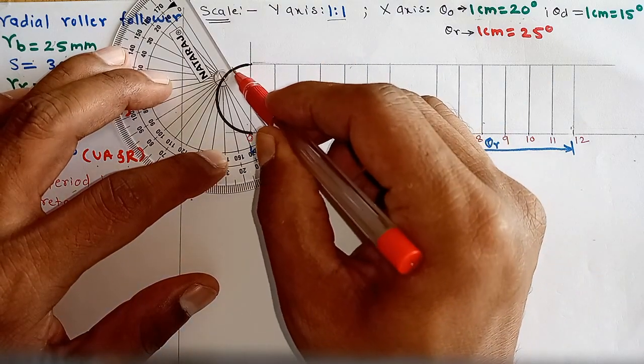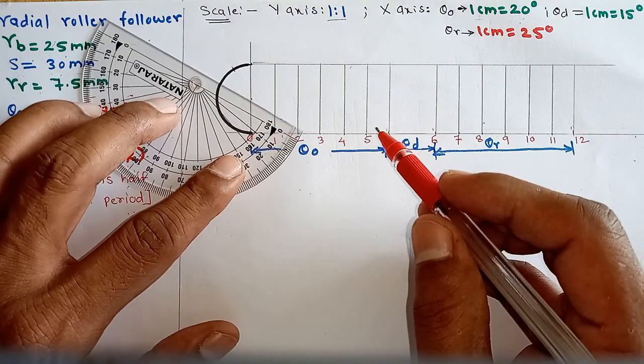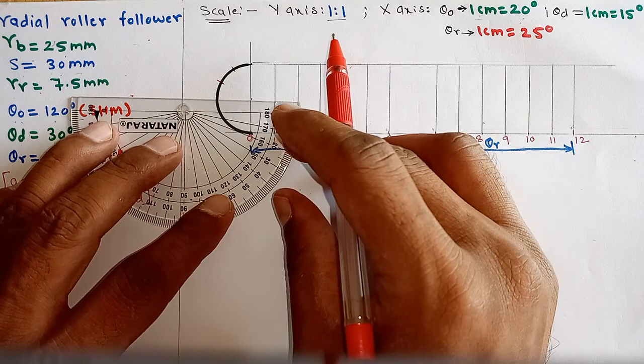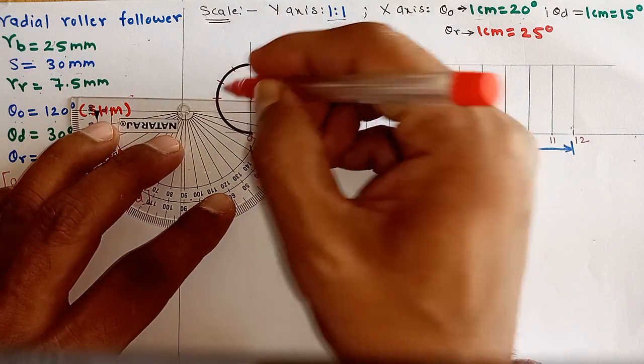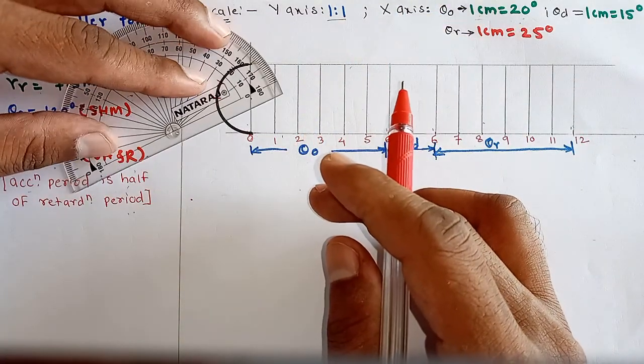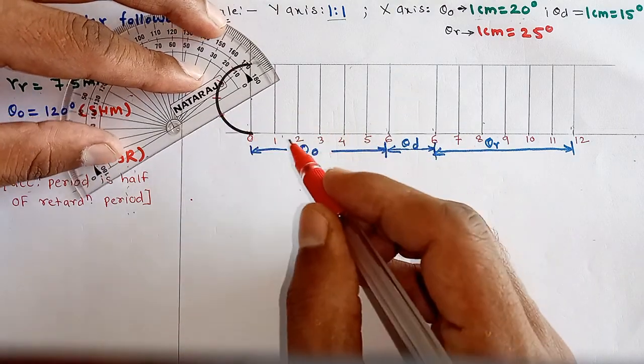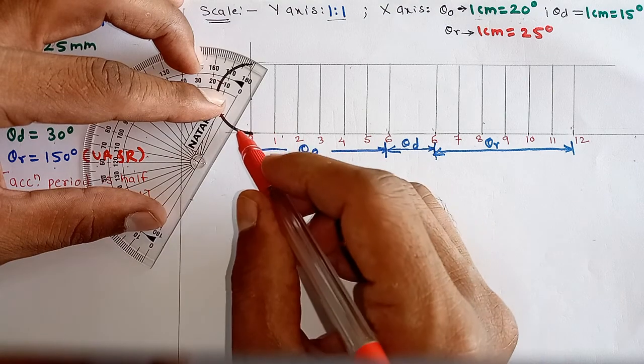So this is one division, this is another one. This is 90 degrees, this is 60 and this is 30.